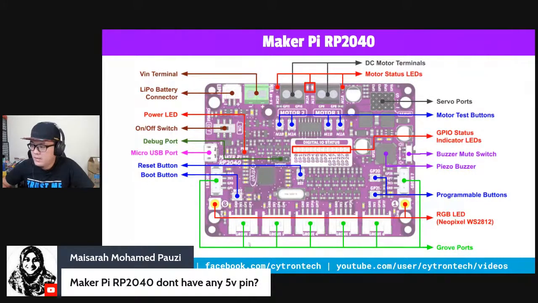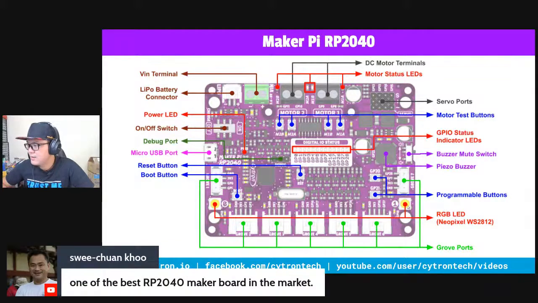And then there are 7 Grove ports, okay, 2 RGB LEDs located here and here, 2 programmable push buttons, piezo buzzer with mute switch, GPIO status indicator LEDs here, motor test buttons.